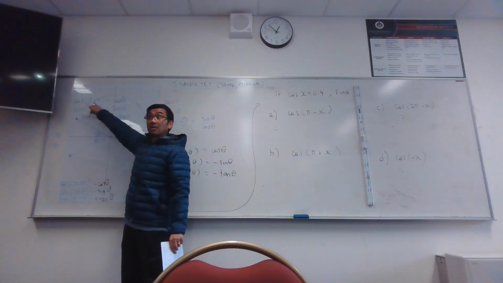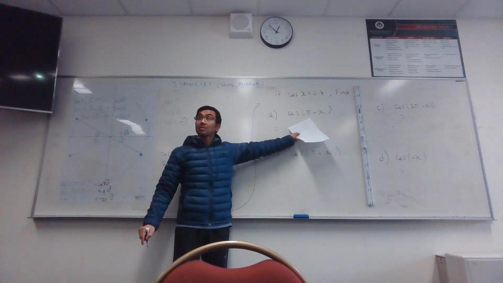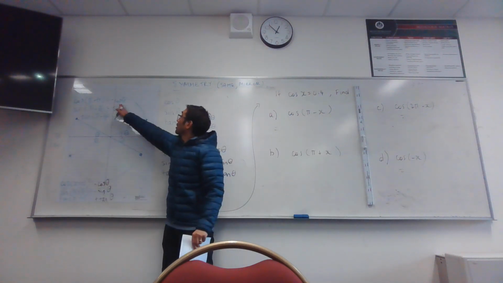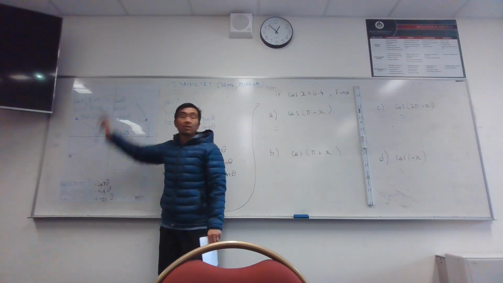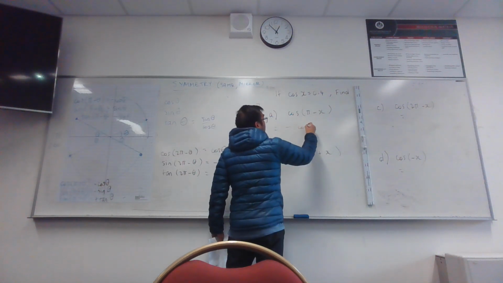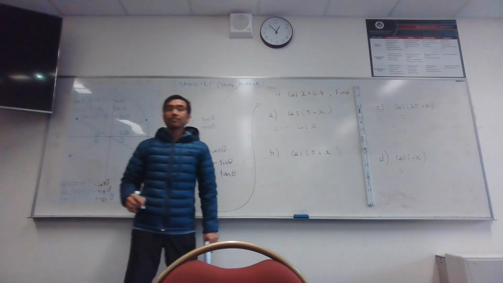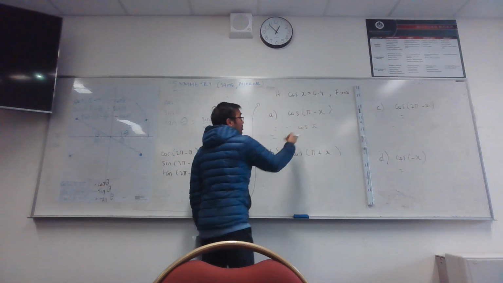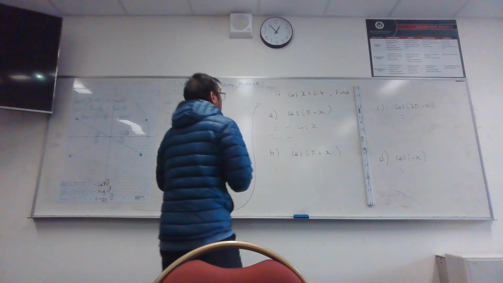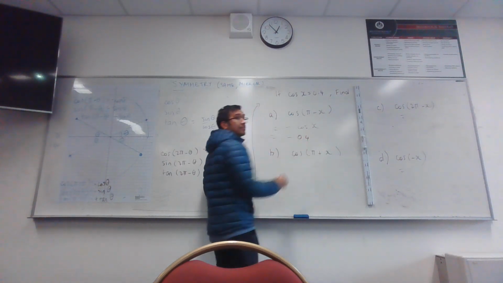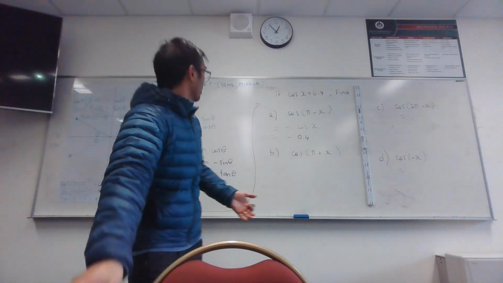Look, pi minus theta, it's pi minus x. But we figured out that it's a negative version of the original. So we just go negative cosine x. And what's cosine x? 0.4. Done. We use the clue.